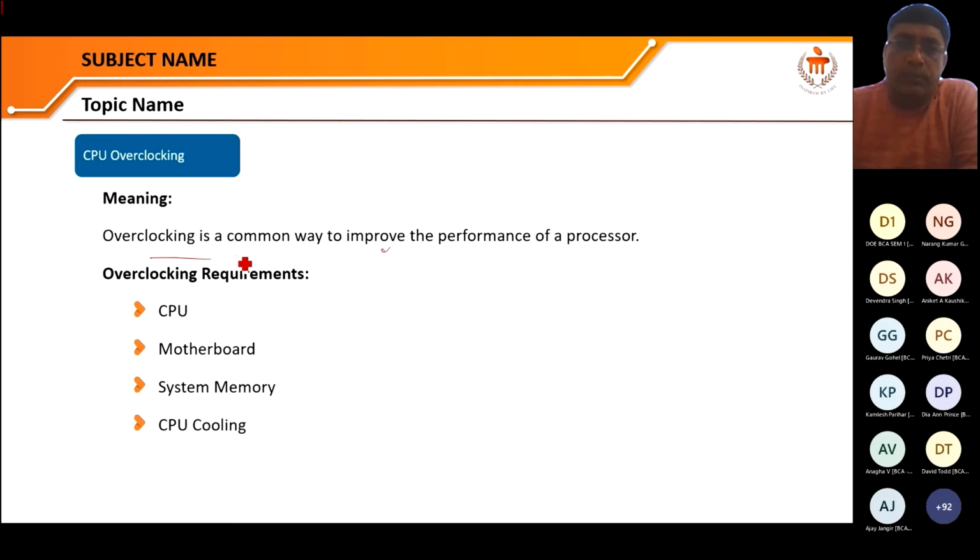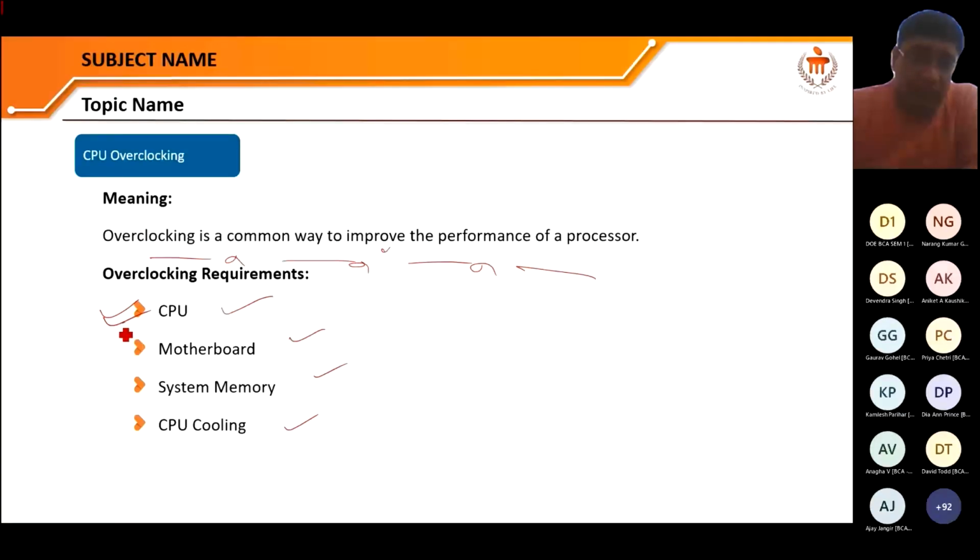To perform this, we use four components: CPU, motherboard, system memory and CPU cooling. If the CPU is working in a faster manner, it can generate heat. That time we need CPU cooling, which can cool the CPU. The second one is the motherboard, which must also be capable of handling these things, taking the instructions and performing them.